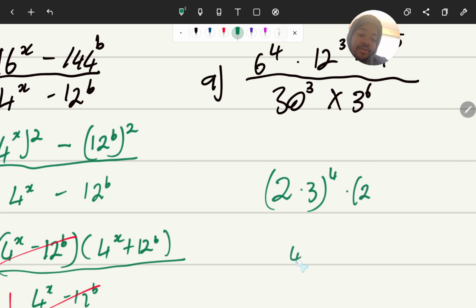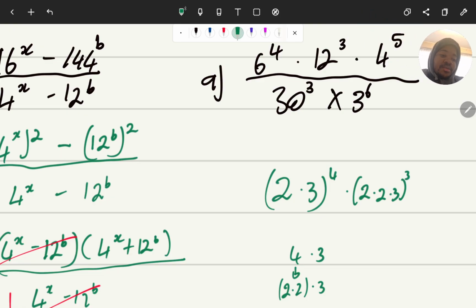Because 12 is 4 times 3, and then this 4 goes into 2 times 2 times 3. So here I have 2 times 2 times 3, to the power of 3, right? Let's do this, and then we have 4 to the power of, maybe let me say 2 squared to the power of 5.